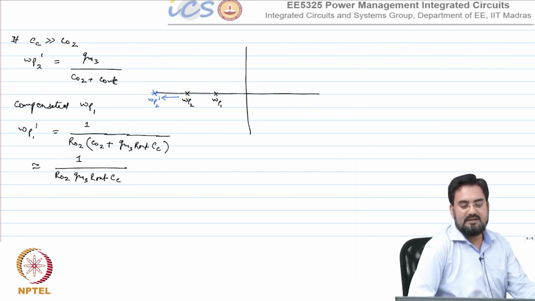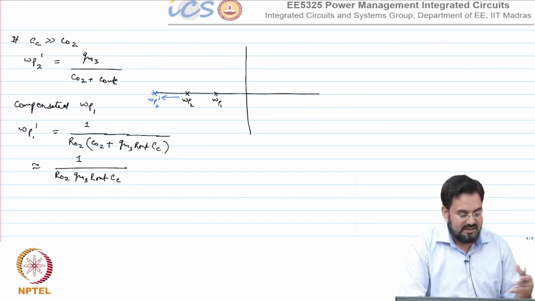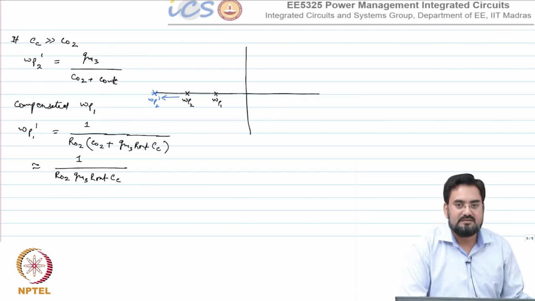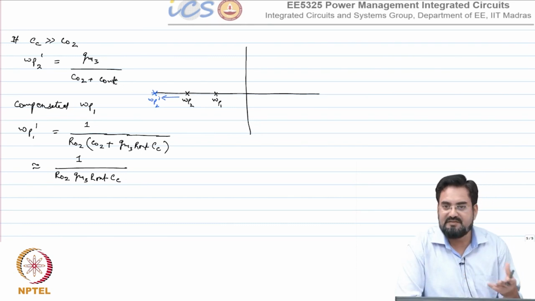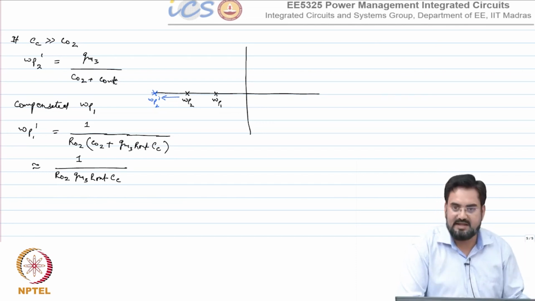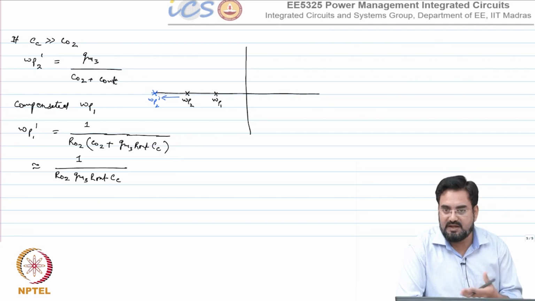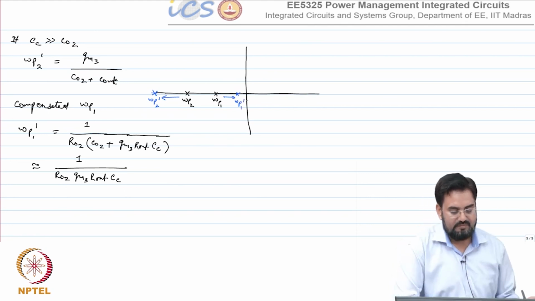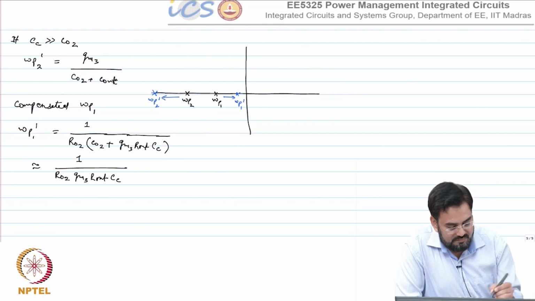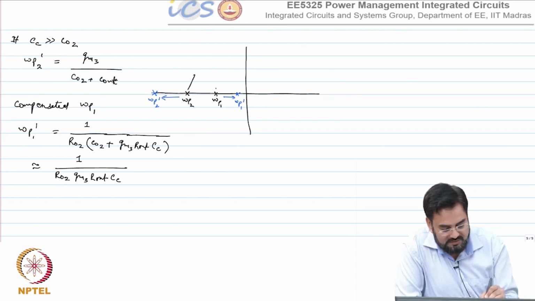What is happening to omega P1? That is multiplied by gain. So the capacitance is multiplied by gain, so it will push the pole by the same factor. So if your gain is, let's say, A, then that will become omega P1 over A. So these two poles are uncompensated, or I'll say before compensation.